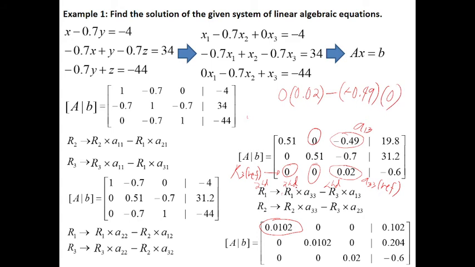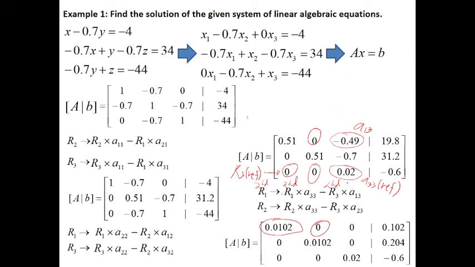Tama ba? R1 second element, 0 times A33, minus R3 second element, which is 0, times negative 0.49. Pareho pa rin, nauna lang pagkakasulat. So, ang lalabas ay 0. Sorry sa background noise, ha? It's beyond my control. So, we can now proceed.